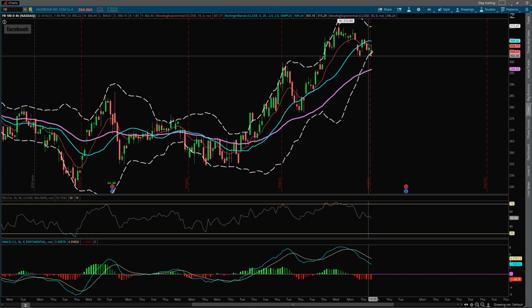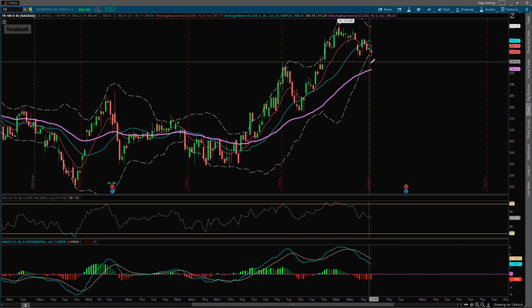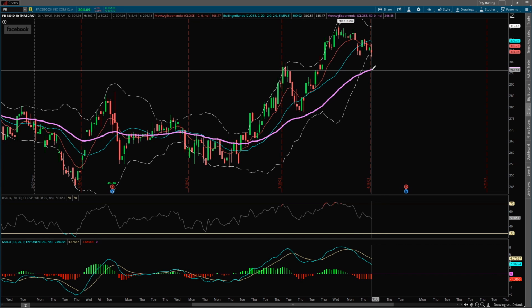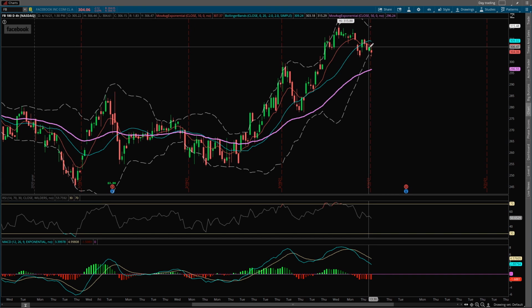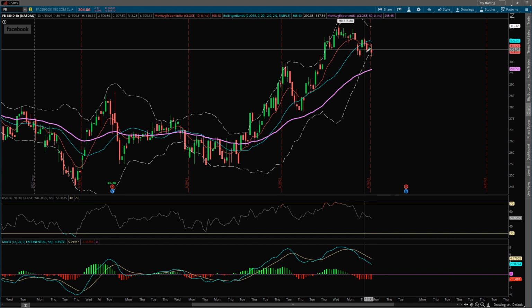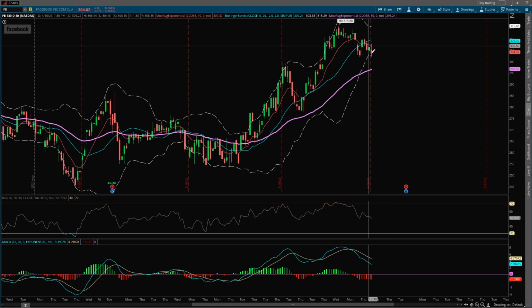So if you are doing a swing trade and you are really confident that it could go higher, one of the points that you could use is the 50 moving average to see how the price would behave, because now you are approaching the level of the lower band of the Bollinger Bands.